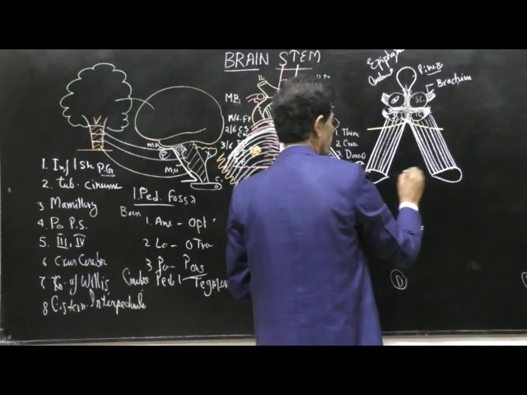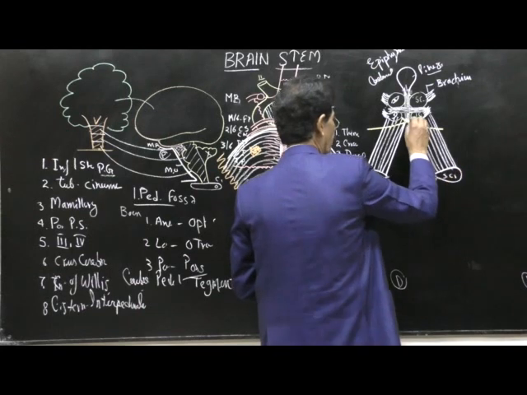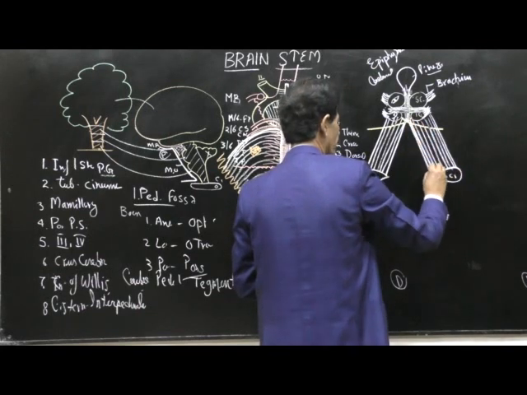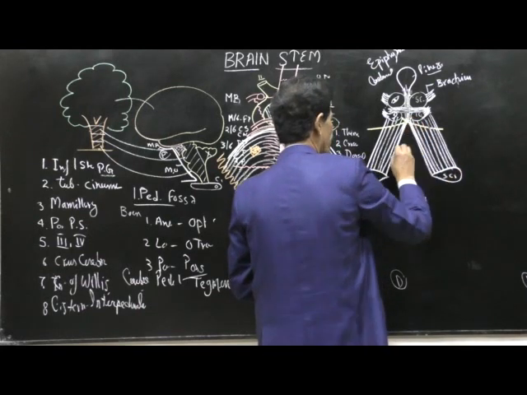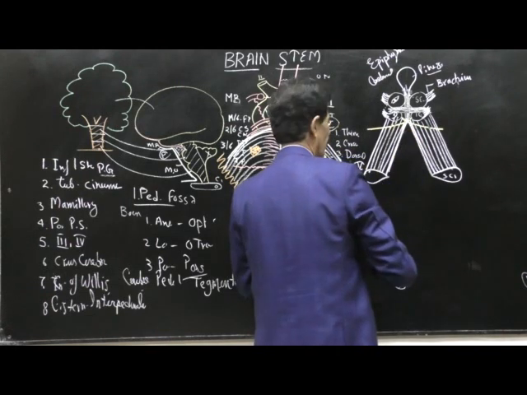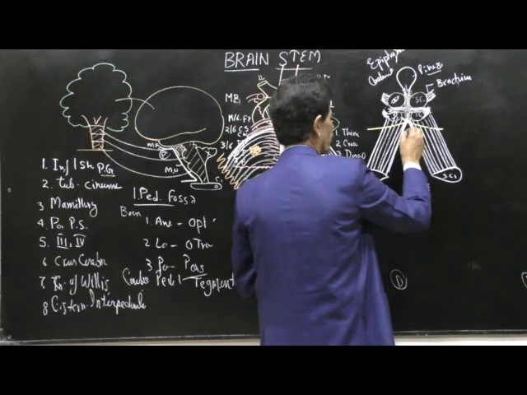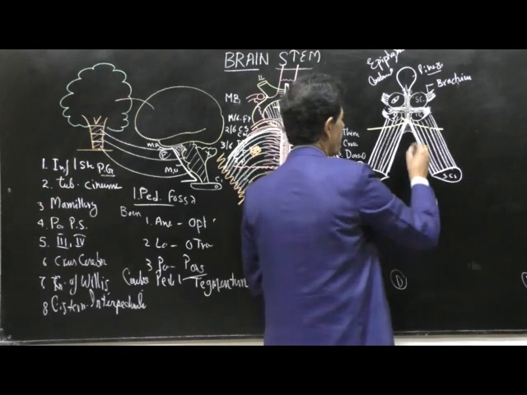This is the medial border of the superior cerebellar peduncle. On the upper side, the medial border of the 2 superior cerebellar peduncles is closed by a thin sheet of white matter called the superior medullary velum.